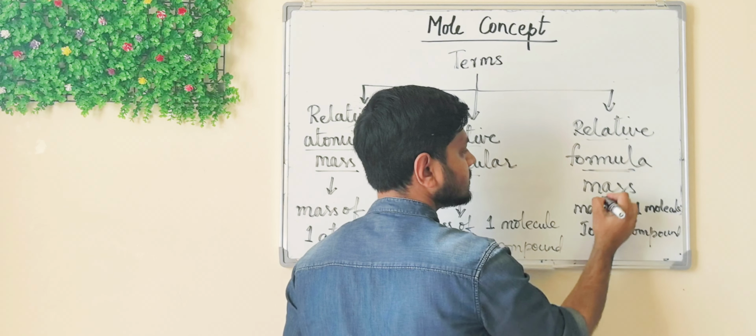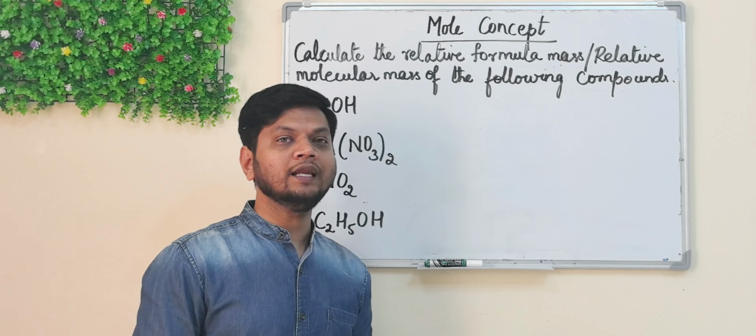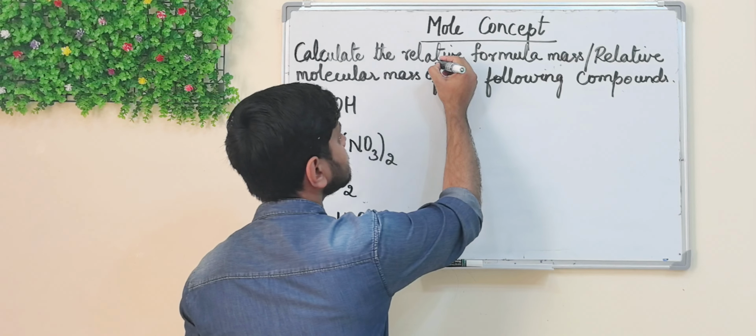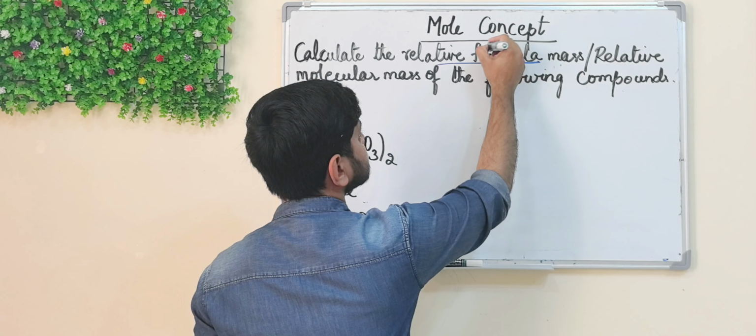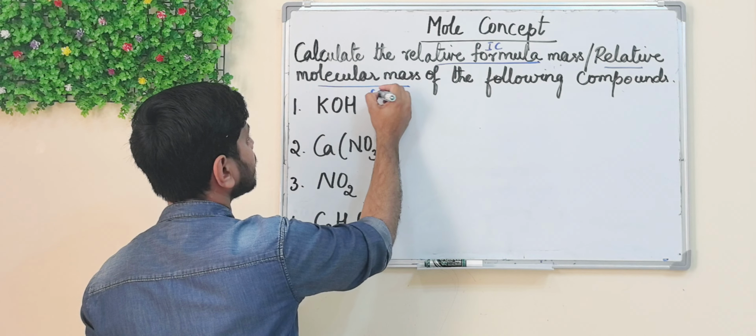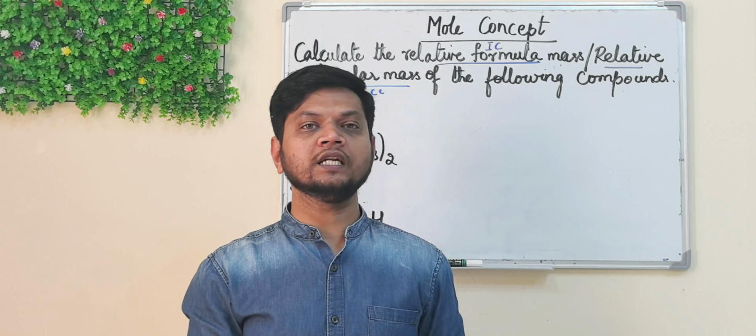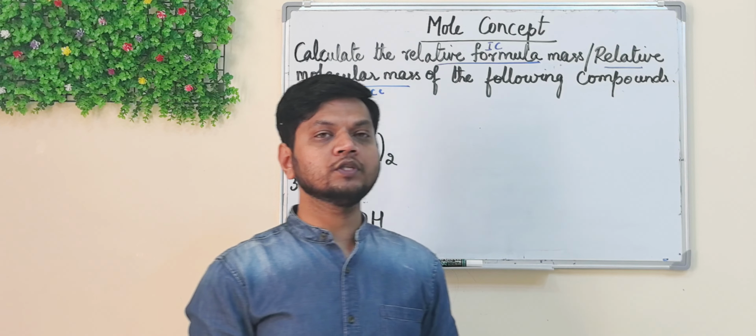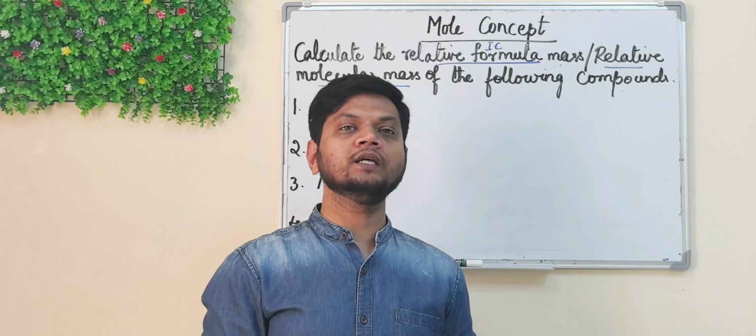Now let us calculate the relative formula mass or the relative molecular mass of the following compounds. First we need to understand which one comes under relative formula mass and which under relative molecular mass. Relative formula mass is used for ionic compounds and relative molecular mass for covalent compounds. So how to identify whether it is an ionic or covalent compound? Ionic compounds are formed by the electrostatic force of attraction between two oppositely charged ions, which are formed by metals and non-metals.